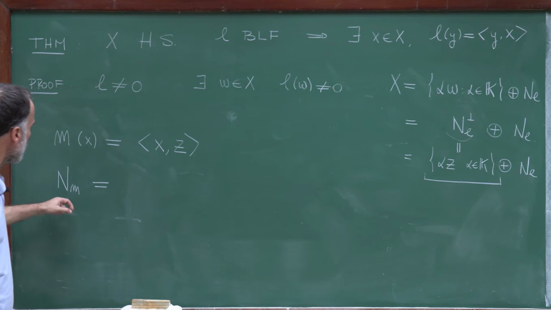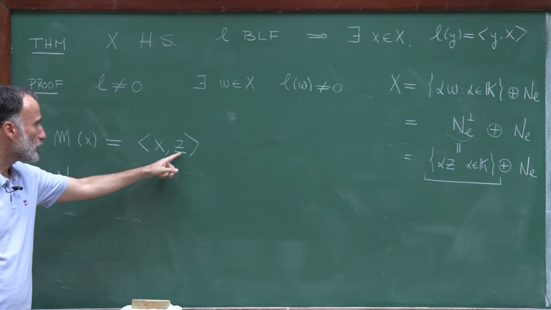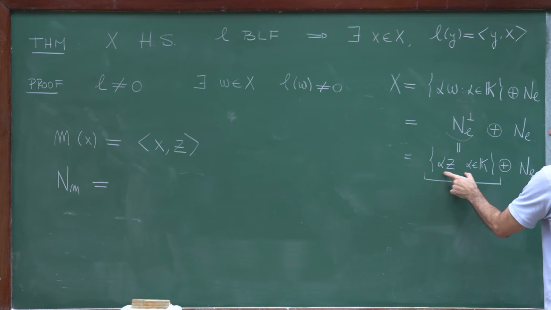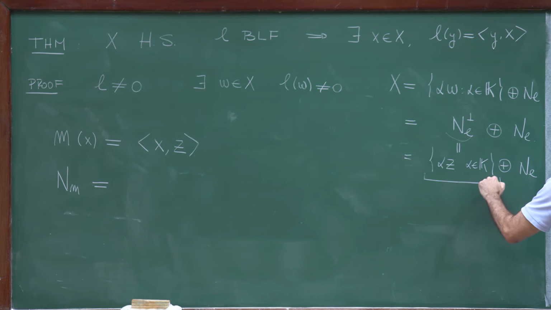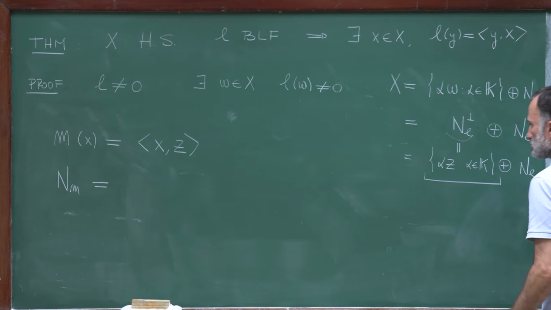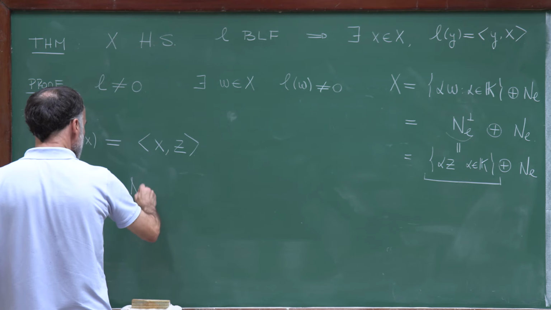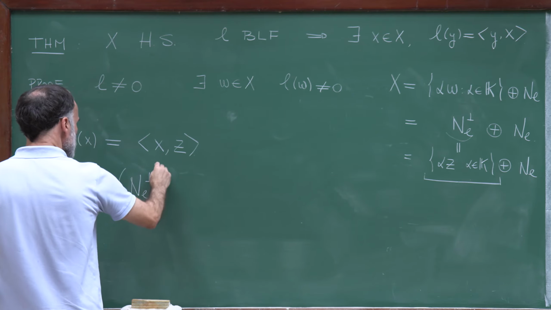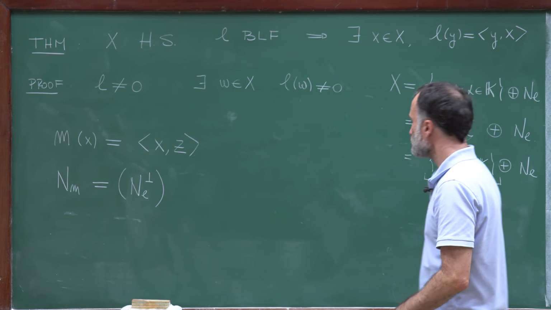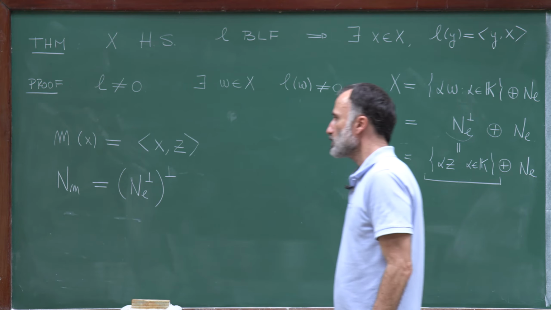The null space of M is the space of all X which are orthogonal to Z. But the space of points orthogonal to Z is the orthogonal of NL. Right? So what I claim is that NM is actually, so this is the space alpha Z, and NM is the orthogonal to that.